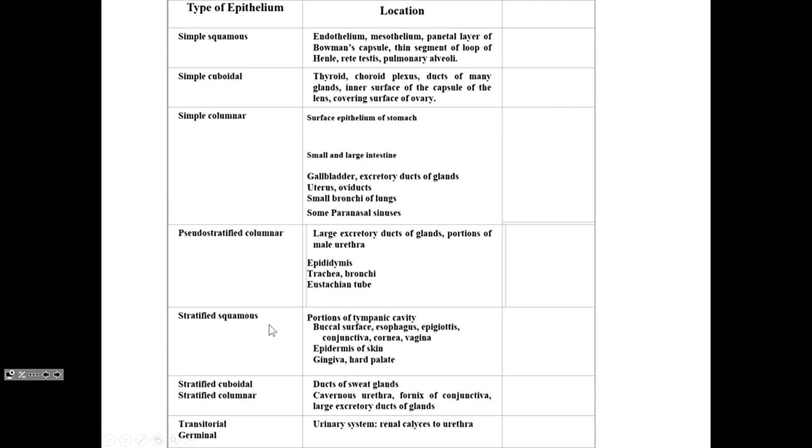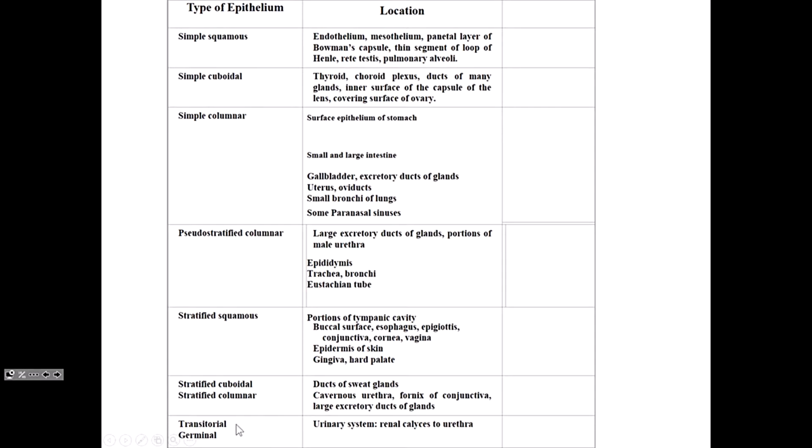The stratified squamous, so now we're looking at multiple layers of cells. The best example of that that's often given is the skin, the epidermis of the skin, but it occurs in other locations as well. Stratified cuboidal, the ducts of the sweat glands are by far the best example.